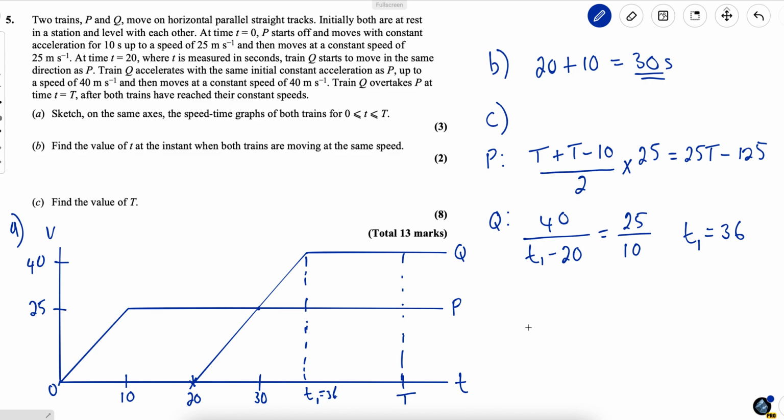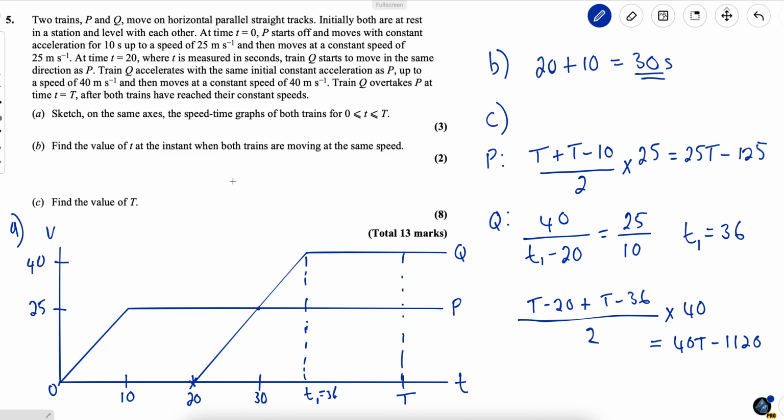And now I can calculate the area of this trapezium. The base is T minus 20, and the top is T minus 36. Divide by 2 and multiply by the height of this one, which is 40. That simplifies to 40t minus 1120.